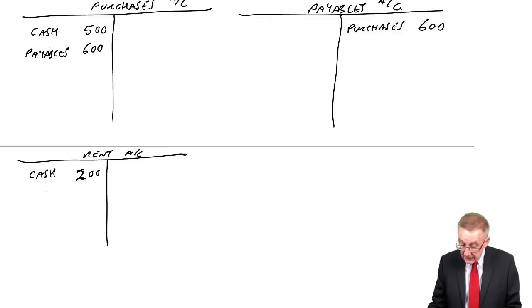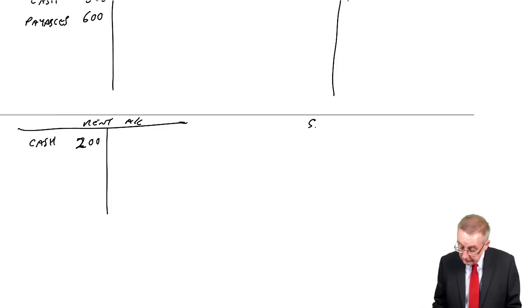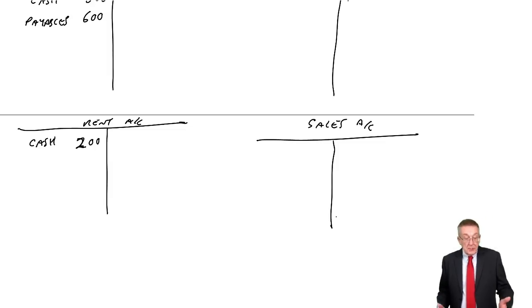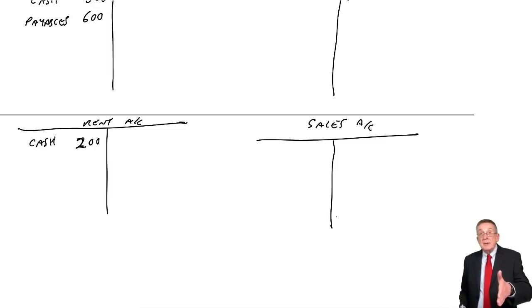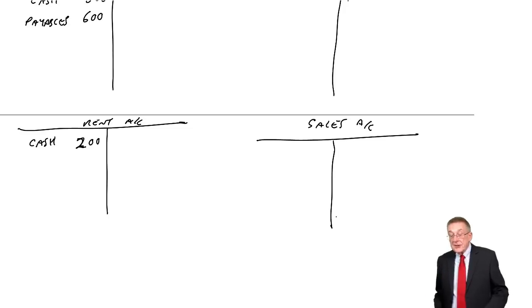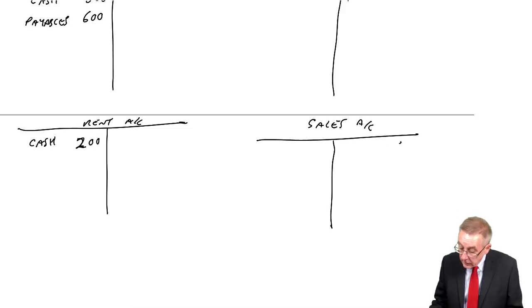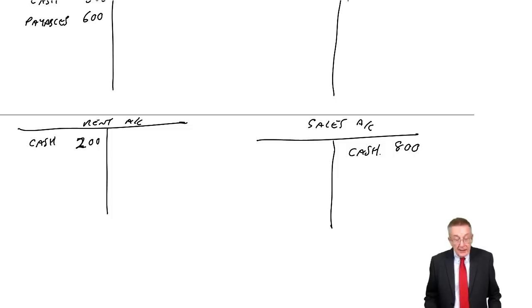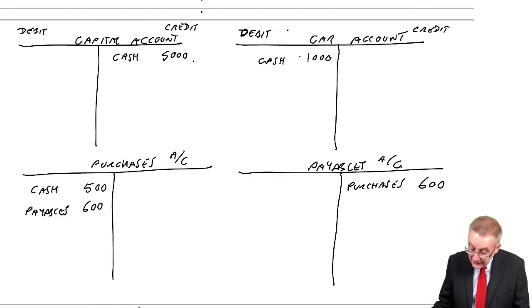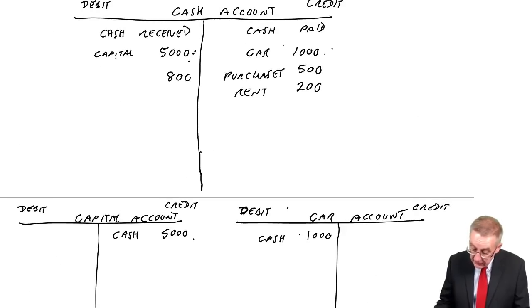So we'll open a sales account. It was 800, debit cash, we received it. The sales on the opposite side, credit sales 800. Debit cash, credit sales. Sorry, going up and down, but still.